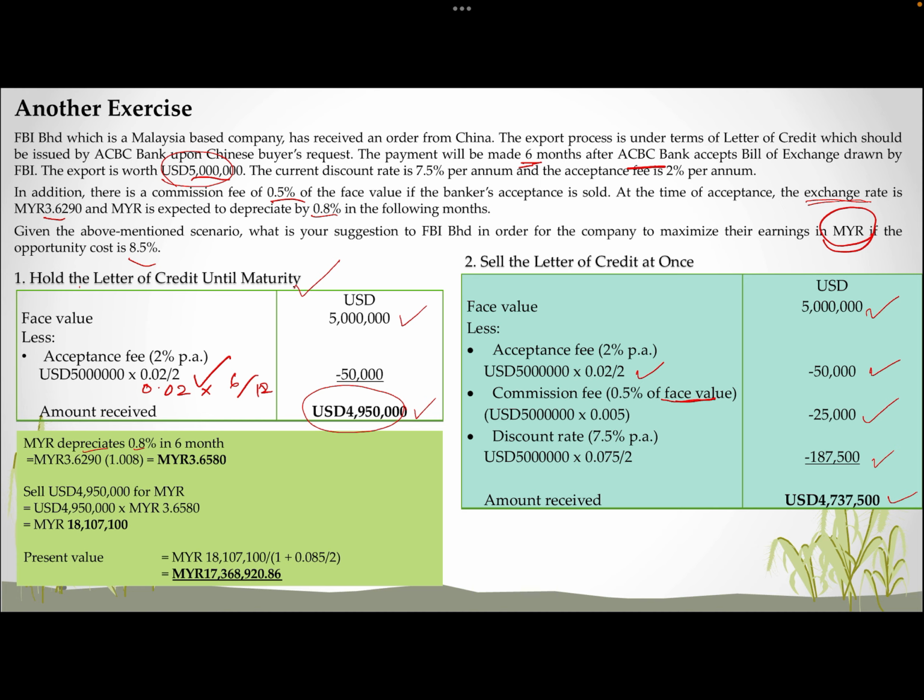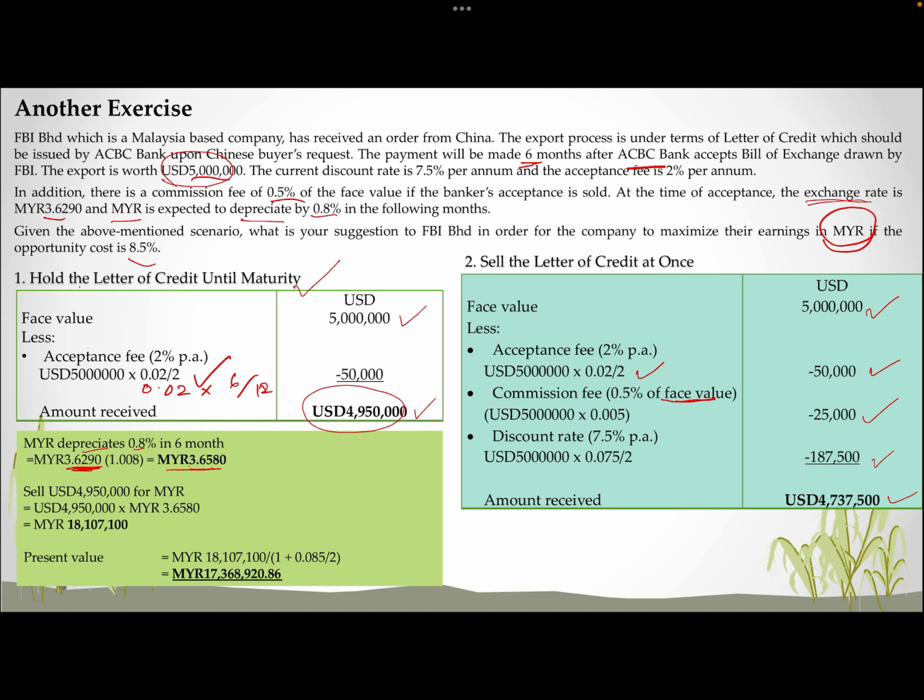Okay, so after 6 months, the Malaysian ringgit is going to be 3.6580 from 3.6290. So this indicates that 3.65 is bigger than the spot rate. This is depreciate, okay. Malaysian ringgit is expected to depreciate.